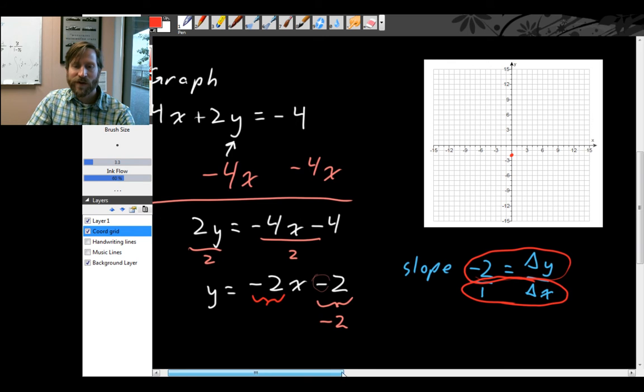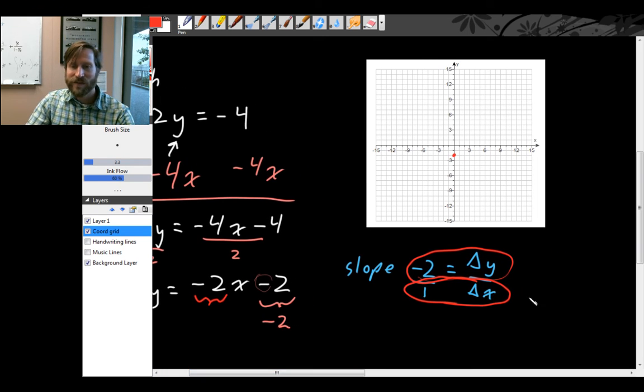So since delta x is 1, we're going to move 1 to the right. And since delta y is -2, we're going to move 2, but down this time. Since delta y is negative, we have to move in the negative y direction, and that's down instead of up.